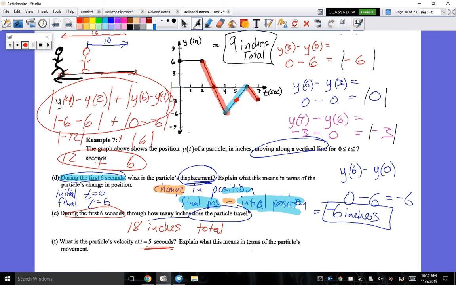So looking at that, you know that it's on a linear line, and you can say this is 4, negative 6. This is 6, 0. So you could do y2 minus y1 over x2 minus x1. And what do you get? 3. So 3 what? Inches per second.